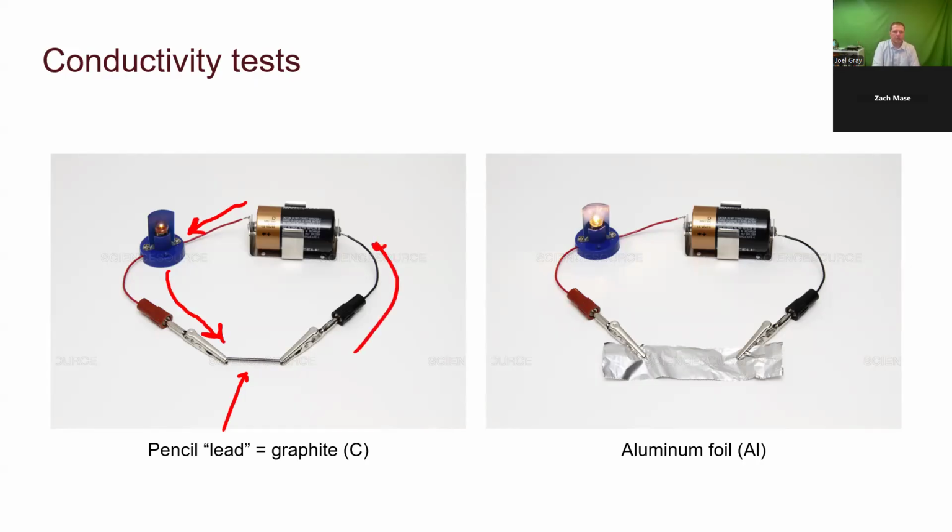If these two banana clips were directly connected to one another, this light would be completely illuminated. You'd have no issue seeing that light. Now, the question is, is this conducting electricity? Is there an electric current that can run through that?